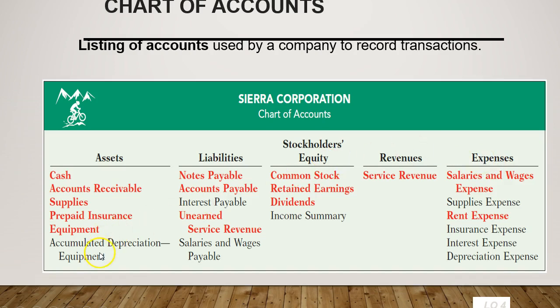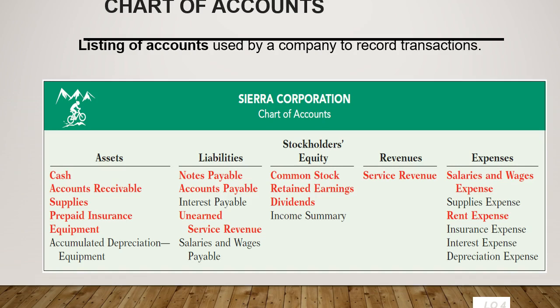Now, some of these accounts are in black because we have not covered these specific account titles yet, but we have covered the account classifications, okay? So with your chart of accounts, again, these are the accounts that a company is going to use throughout the accounting period to record their different types of business transactions.